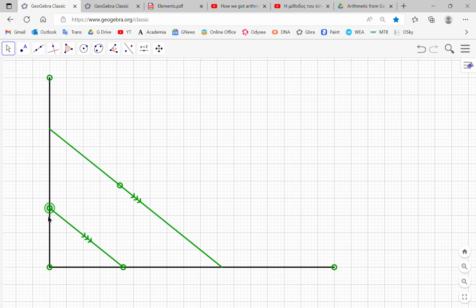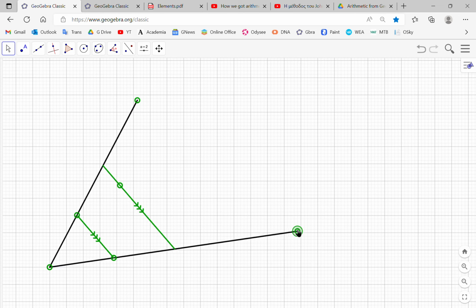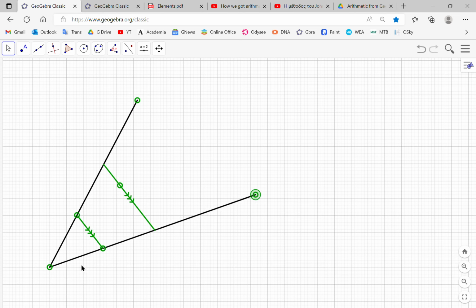For example, the comparison of this magnitude to this magnitude, vertical to horizontal. It doesn't matter if I have it in that position or in that position. Any similar triangle will do, because no matter where we are, I can find infinitely many ratios equivalent to this ratio here. I'll explain that in a moment.